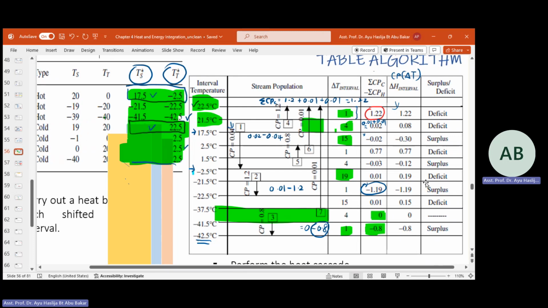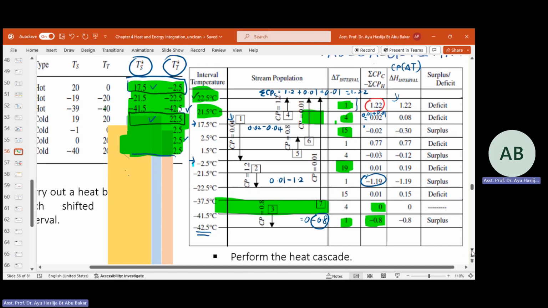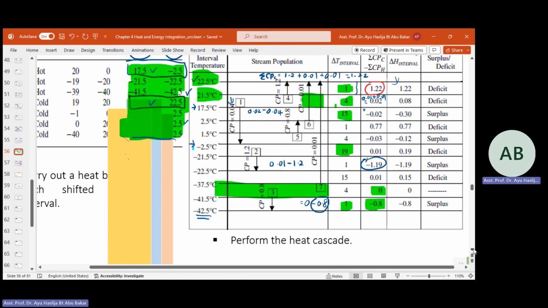So if you are required to construct this table algorithm, all this info should be included, until the identification of surplus and deficit. Then after these values are completed, only then proceed with your heat cascade.